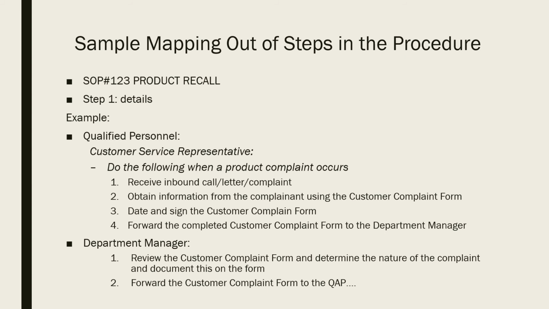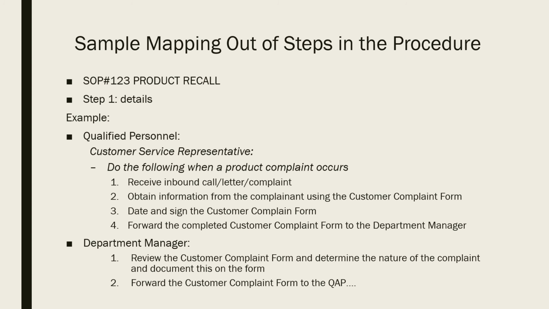The next player or personnel is the department manager. The department manager has the responsibility to review the customer complaint form and determine the nature of the complaint, then document this on the form in the specified section for such information. Once that is done, the department manager will forward the customer complaint form to the quality assurance person.